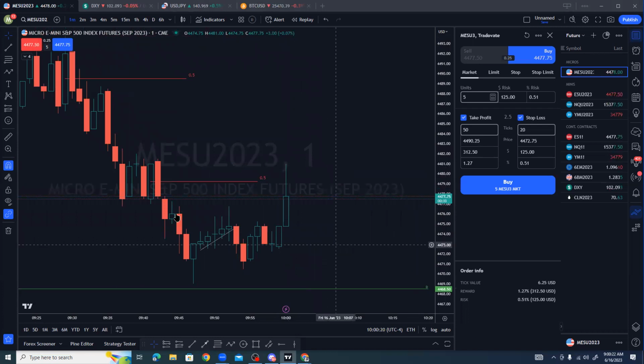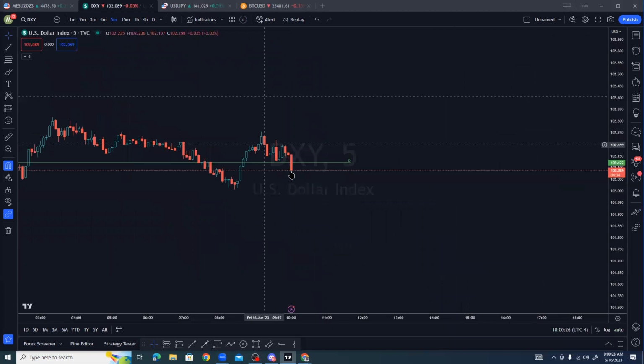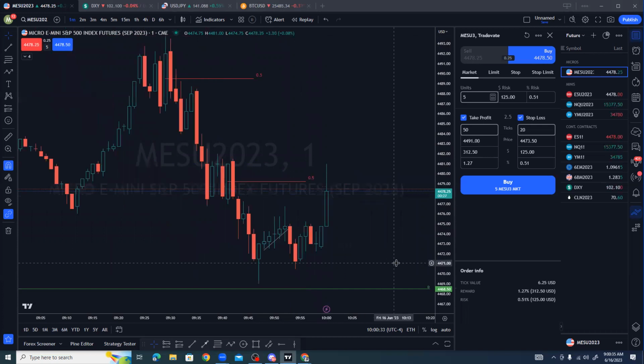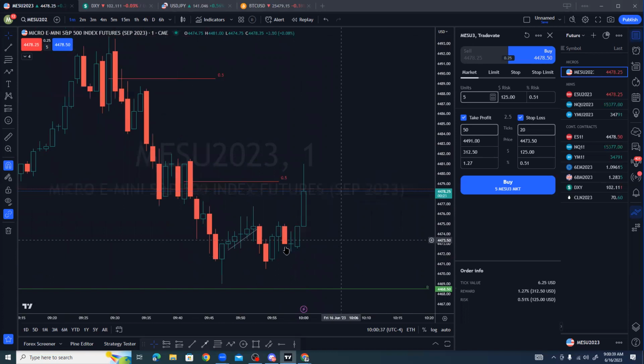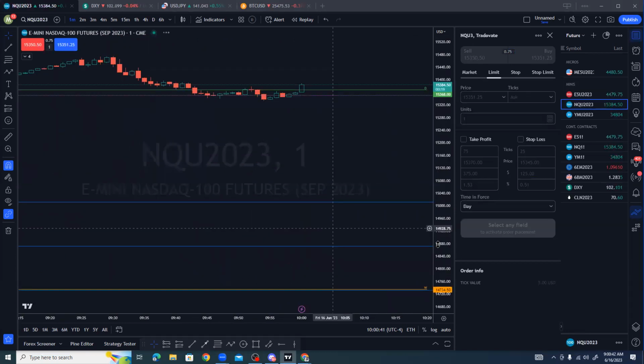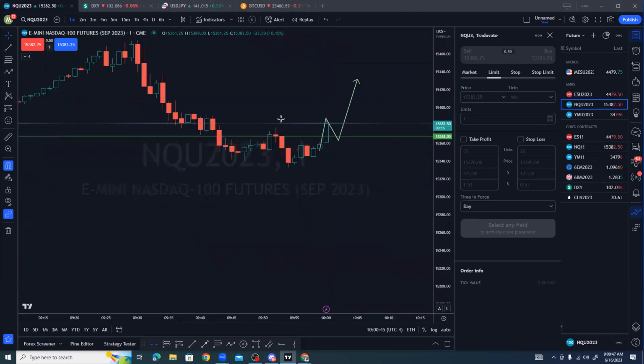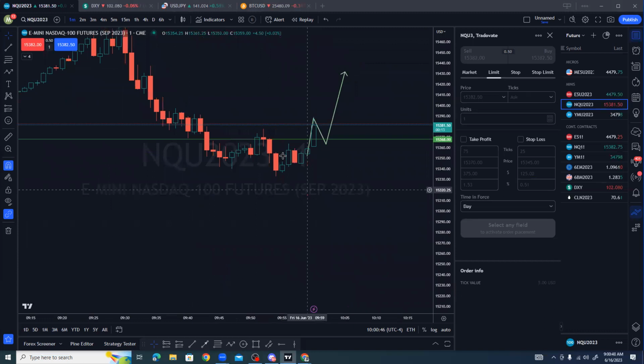So the numbers actually came out pretty decent for the dollar, but the dollar didn't like it initially. Again, that's the type of move that you would kind of want to see. We got that push up. See if we come back down.